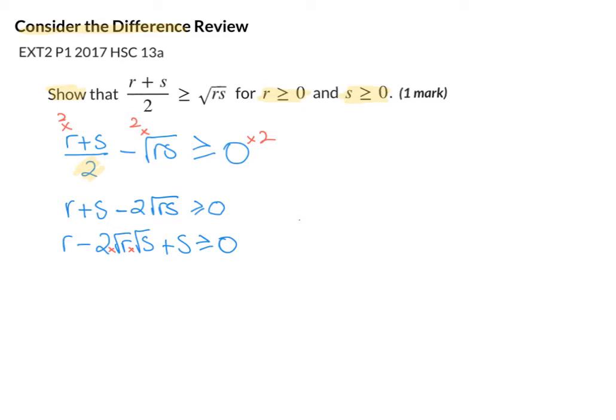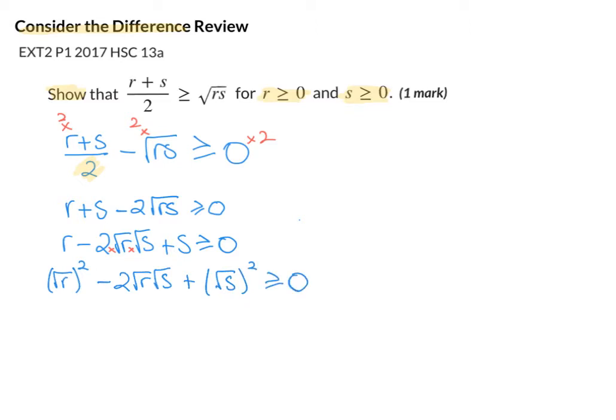And if I go one step further, we could rewrite r as the square root of r all squared, because they will cancel each other out and just leave me with r, minus 2 lots of the square root of r times the square root of s, plus the square root of s squared.